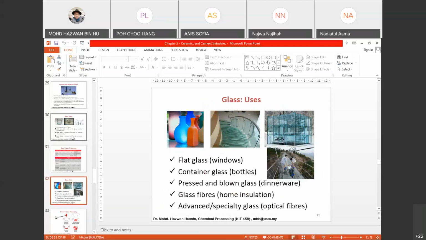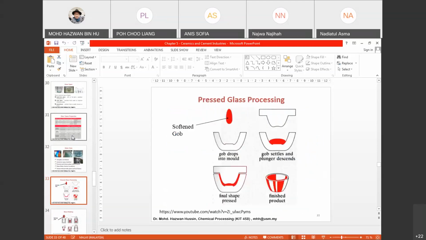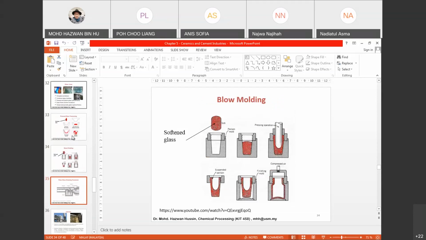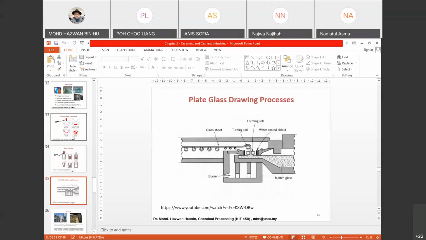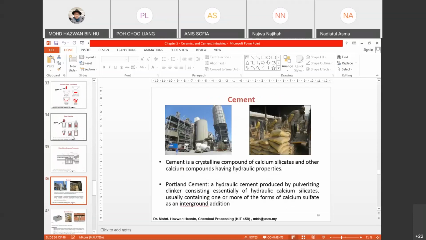Of course, the uses of glass could be various. And for the process of producing glass, it can be press glass processing, blow molding, plate glass drawing, and today we are going to continue with cement. Right.